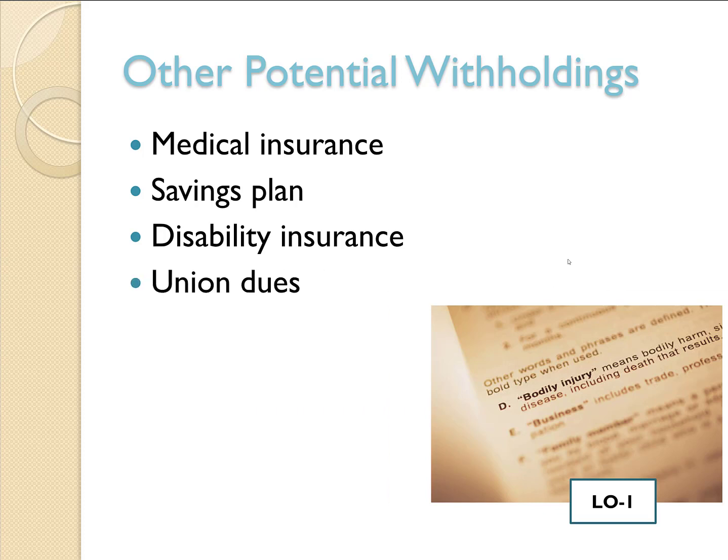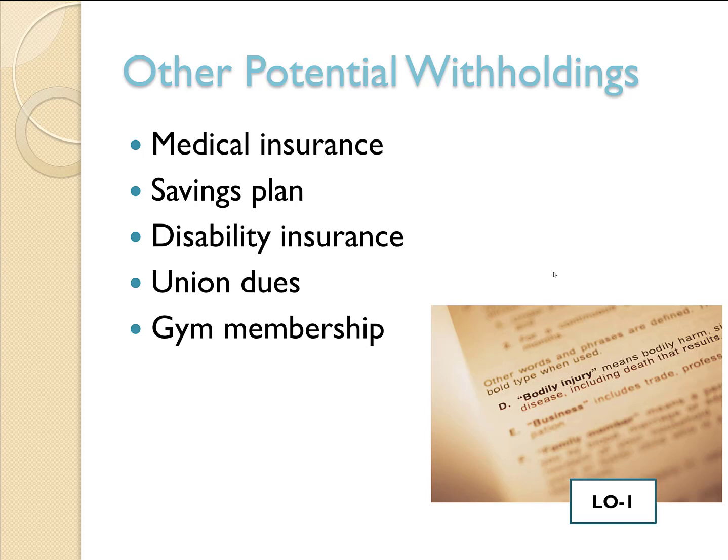If an employee is a member of a union and has to pay to be a member of the union, those are called union dues. Those are probably going to be withheld directly from the paycheck. They might even have a gym membership. When I worked in payroll, we had a deal with the local Redmond Athletic Club, and if our employees had their gym membership taken directly out of their paycheck, they got a big discount.